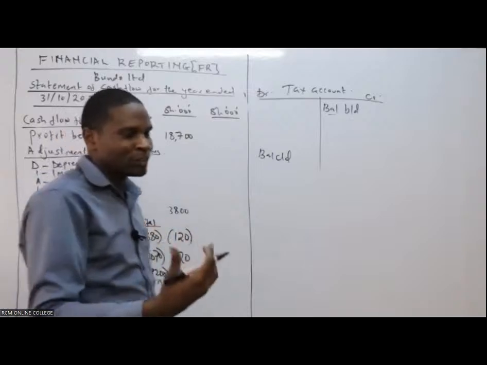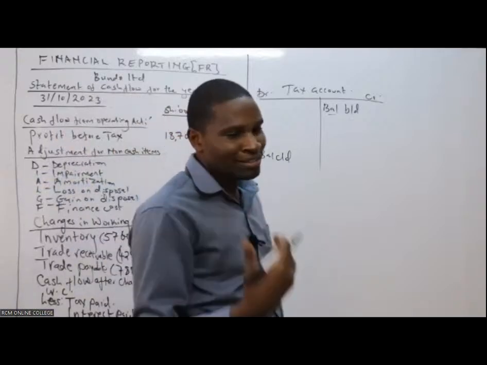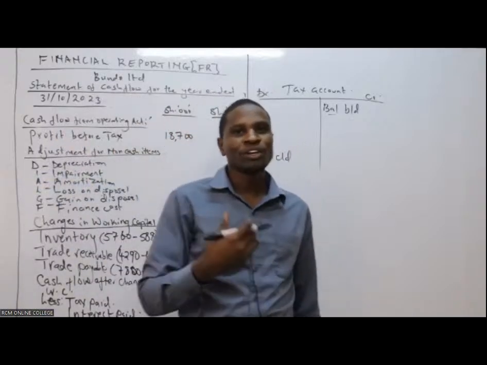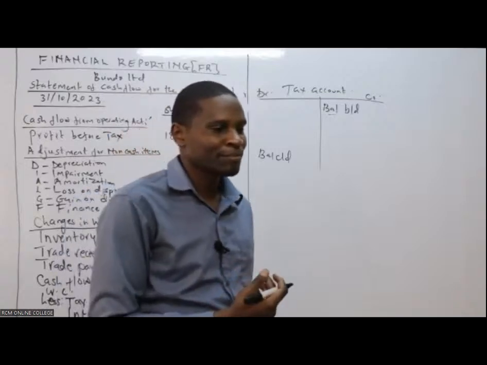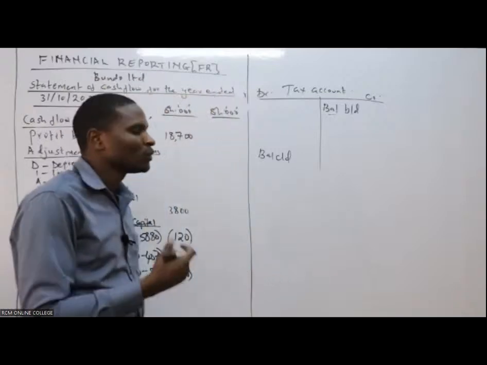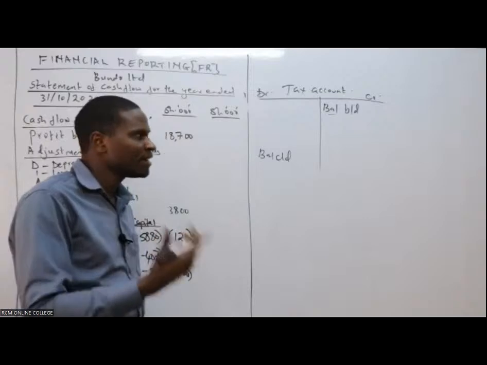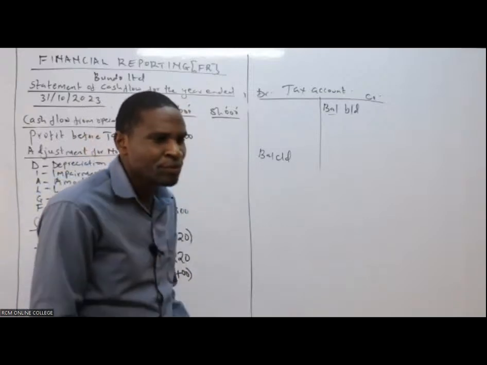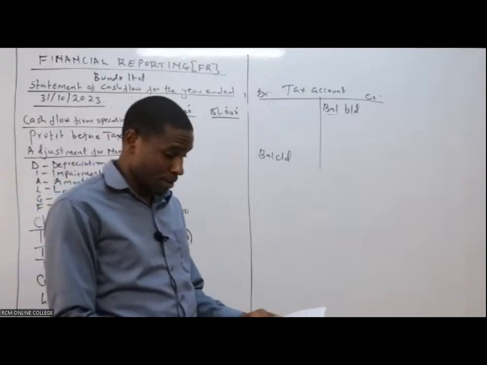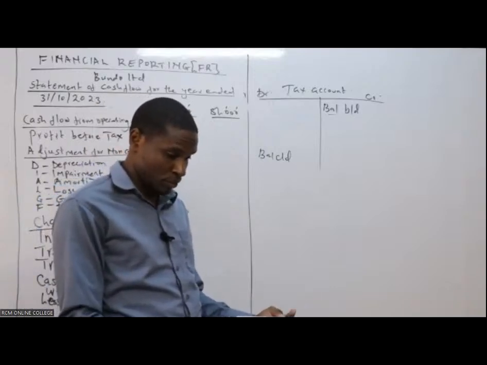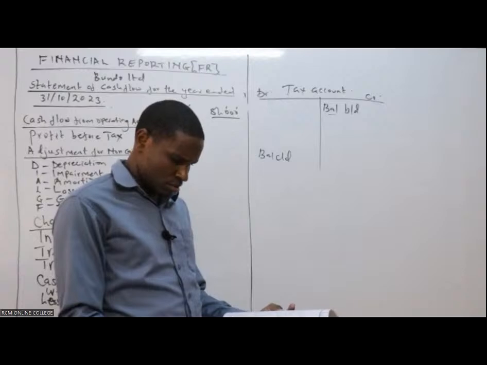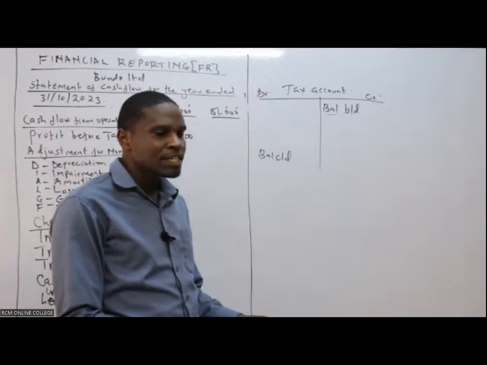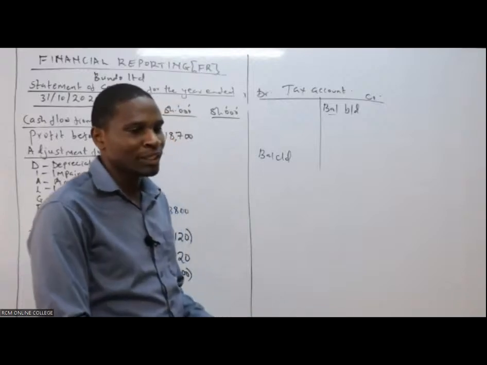Now, from the question, can you give me the balance brought down for tax? This question is very interesting, very easy to pass. 5570, let me confirm. Current tax, 5570, brought down 2022.